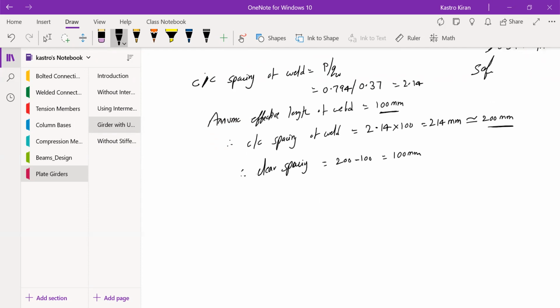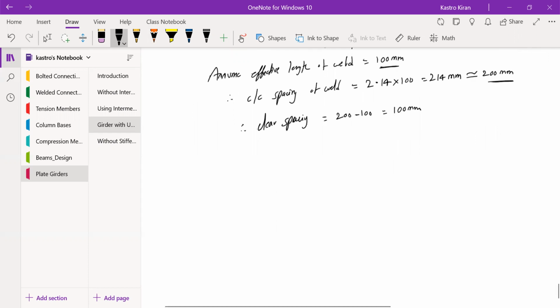The same process which we have repeated. And as I was telling earlier, the clear spacing should not be greater than 12 times the thickness of the web. So the thickness of the web is 12, that is 144 mm. Okay, since 100 is less than 144, you can provide.